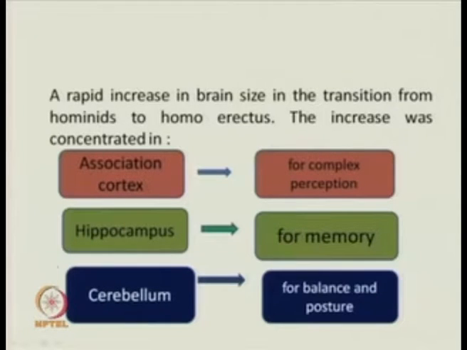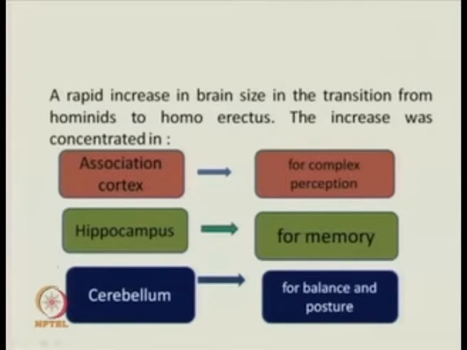It is so interesting. The association cortex is responsible for complex perception. So an increase in the association cortex, it is speculated, created the possibility for complex perception.